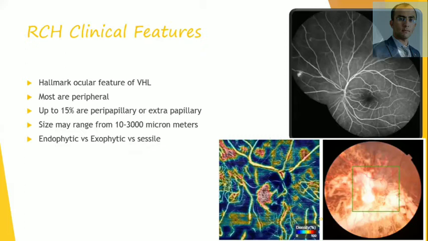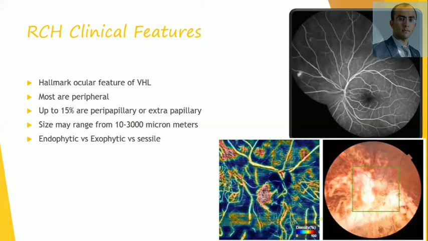According to the morphology, they can be endophytic lesions, exophytic lesions, or sessile tumors. The endophytic tumors grow on the surface of the retina and protrude into the vitreous cavity and are easily identifiable. The exophytic tumors are nodular orange lesions that grow in the outer layers of the retina, usually close to the optic nerve, and can simulate chronic papilledema.